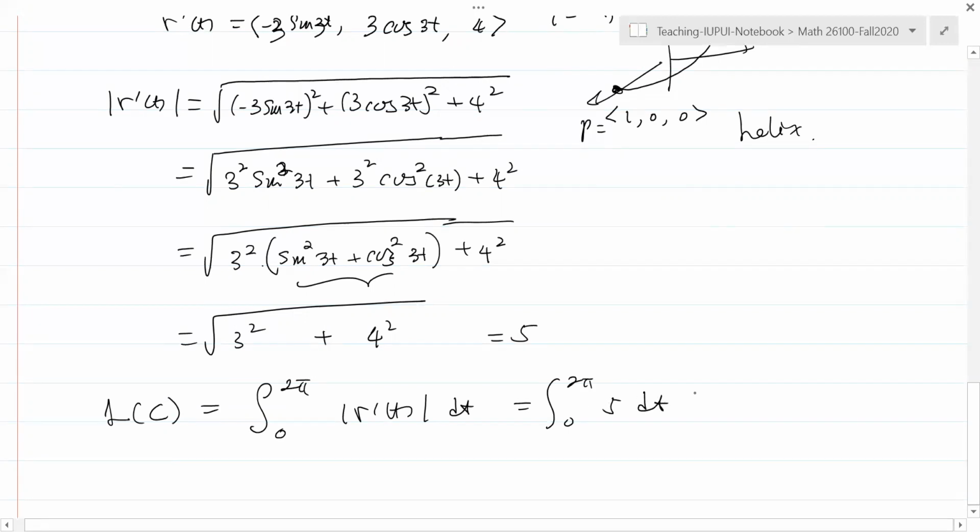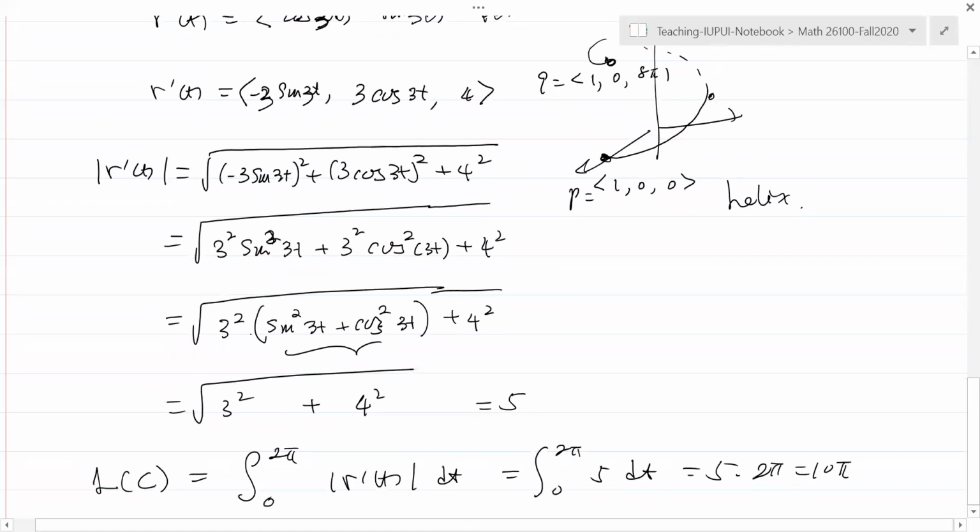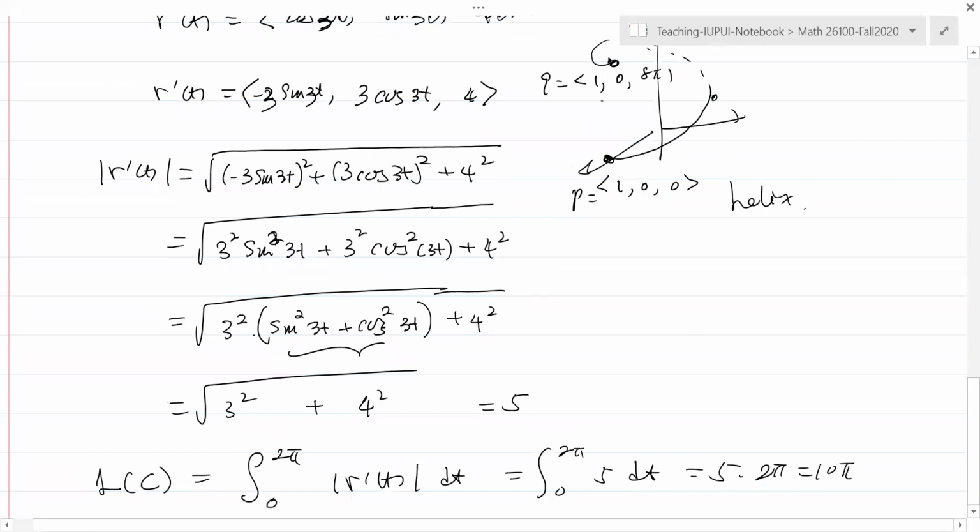It's going to be just 5 times 2 pi, it's 10 pi, so the length is 10 pi. 10 pi, of course, is longer than 8 pi, the height from P to Q. So the length of the curve should be larger than 8 pi. In the space, the straight line has shorter distance.